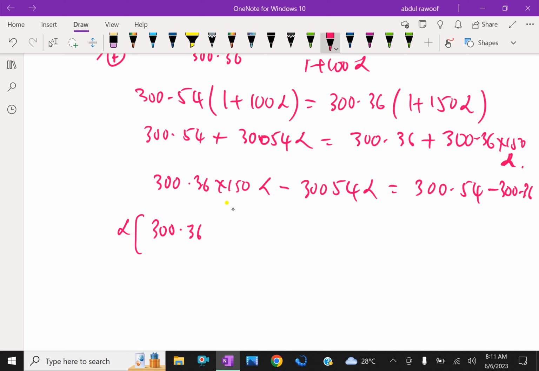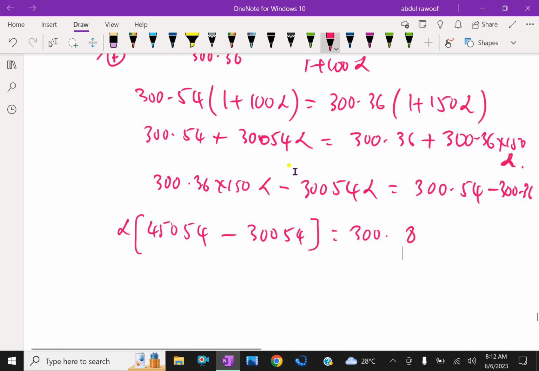Here 300.36 into 150 equals 45054 minus 30054 equals 15000.